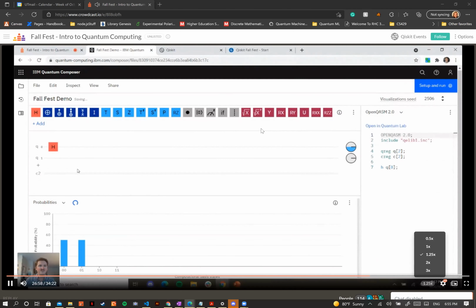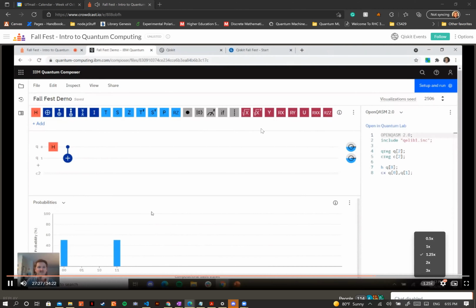Okay, so after I've put my qubit into the superposition, I want to entangle it. So I'm going to take this gate called a C0 gate, and I'm going to put it on qubit 1 with a target on qubit 0. I'm now entangling these 2 qubits together. And remember, entangling is when we put the qubits into a state that when we measure one, we learn something about the other.